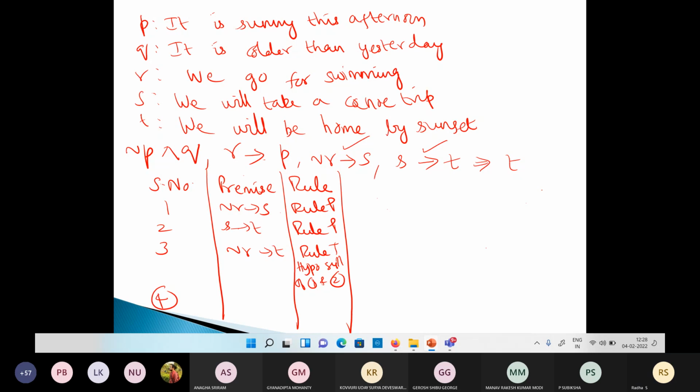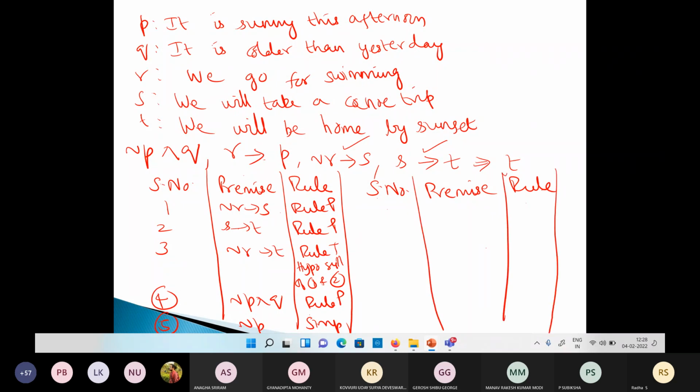Next, not P and Q. From that, not P is true. Then we can take R tends to P from that.